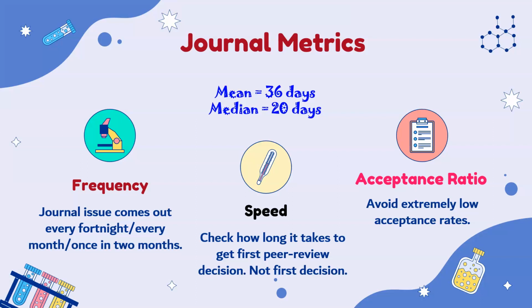And the second factor is the acceptance ratio. You should also keep in mind the acceptance ratio of the journal, because if the acceptance rate is very low, like 5% acceptance, that means 95% of the articles are being rejected by this journal for one reason or the other.